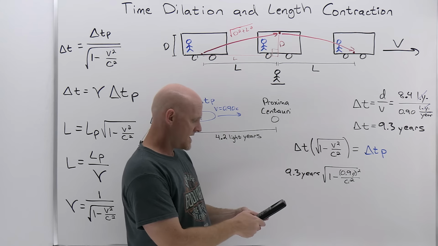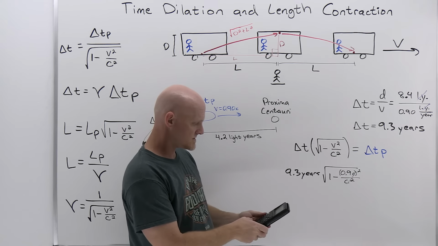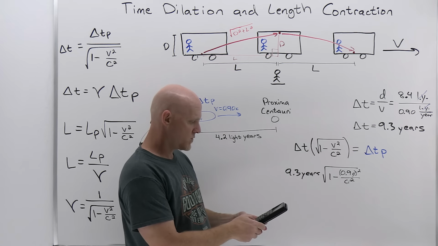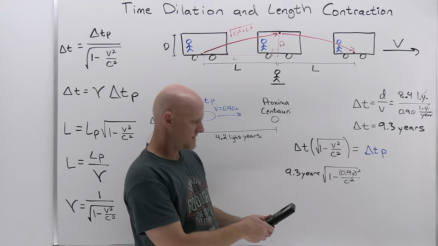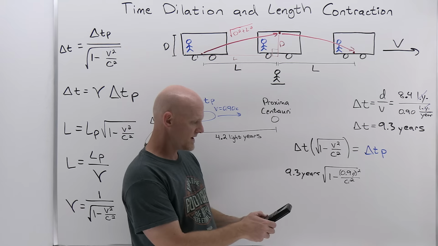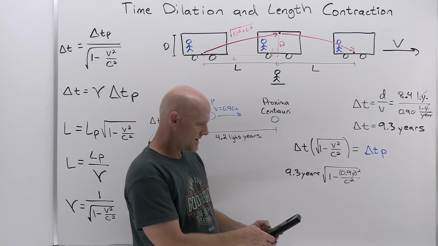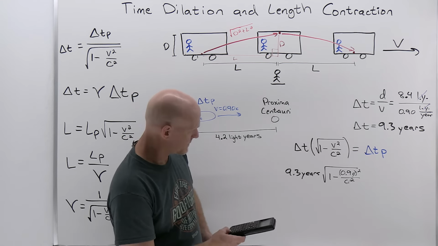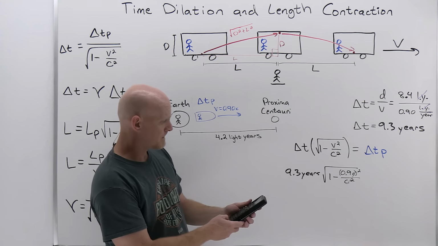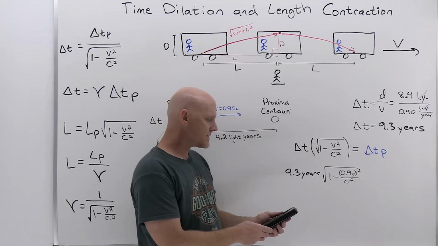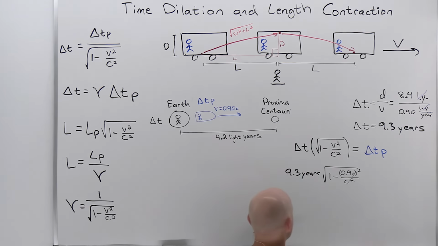So we got 9.3 times the square root of parentheses, 1 minus 0.90 squared. I'm making that 0.90 squared, which doesn't change anything now, but it'll make it a little bit easier to substitute in for the next problem. This gets us 4.05, so 4.1 years rounded to 2 sig figs.